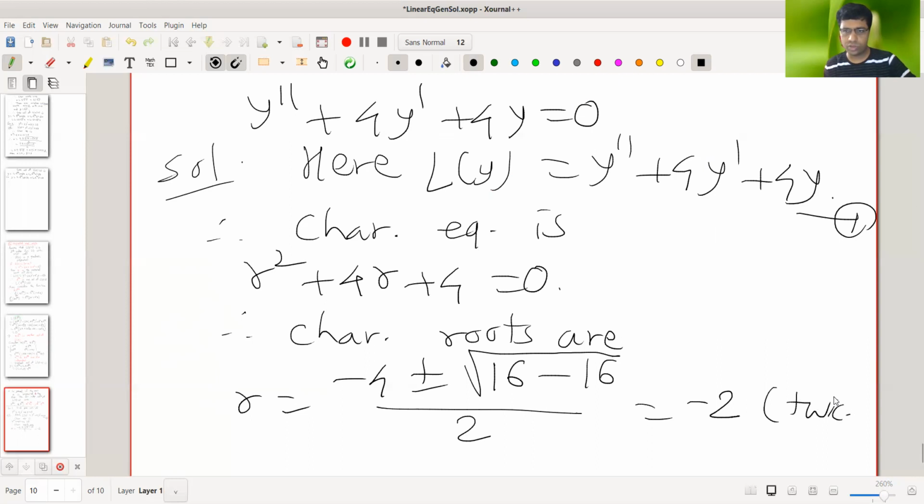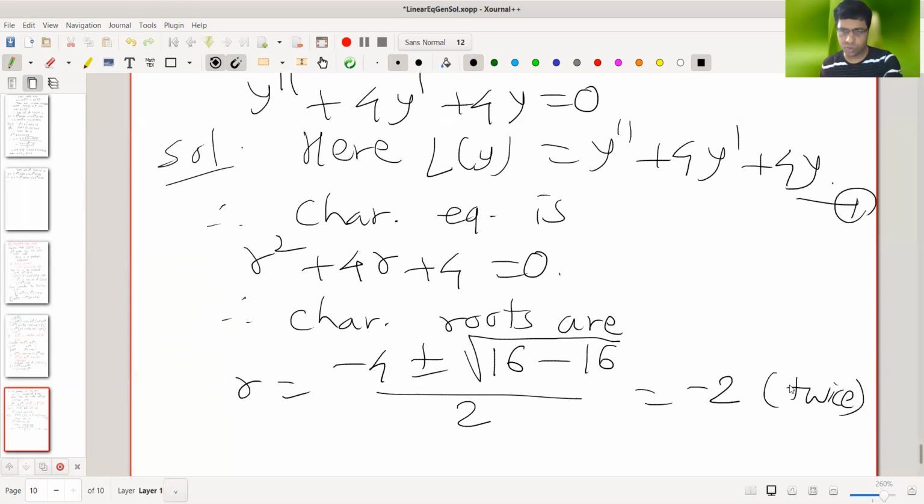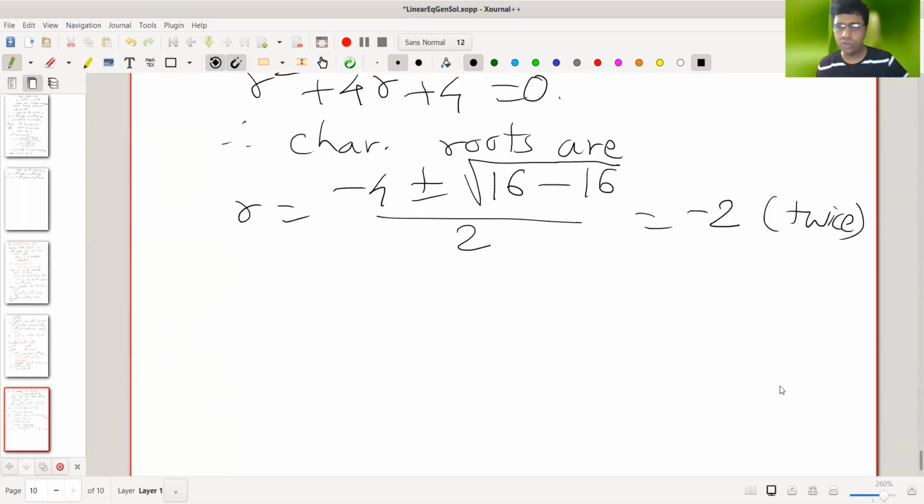So we have a repeated root, minus 2, two times.